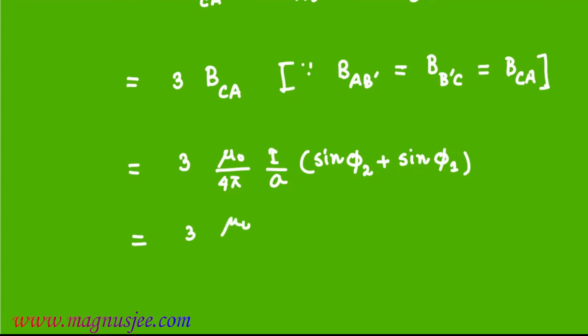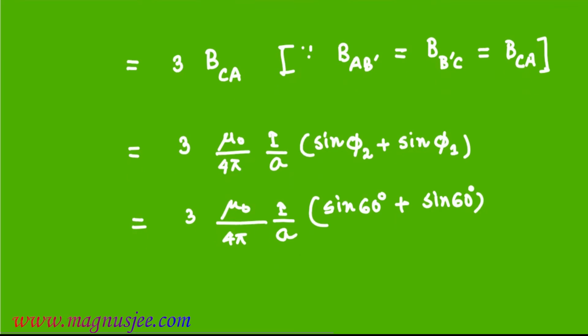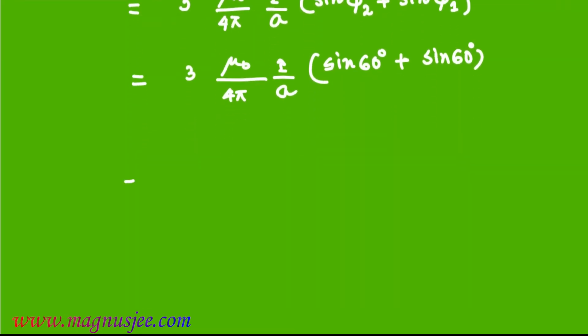3 mu 0 by 4 pi, I by a, bracket sine 60 degrees plus sine 60 degrees, because we know that the angle between two medians for an equilateral triangle is 60 degrees.